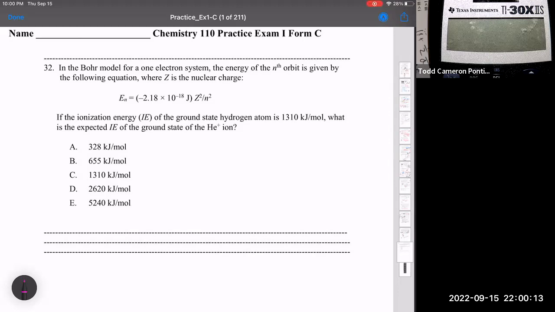We can use this equation here to give the energy per atom. So the energy of, it's in the first orbit, is equal to negative 2.18 times 10 to the negative 18th joules. Helium is element number 2, which means Z is equal to 2.